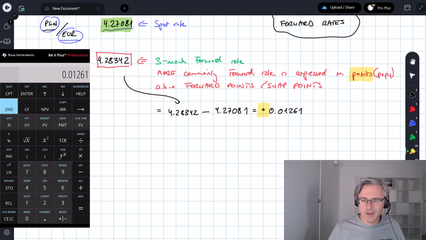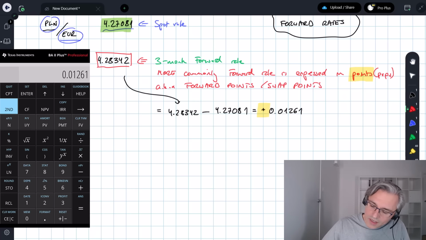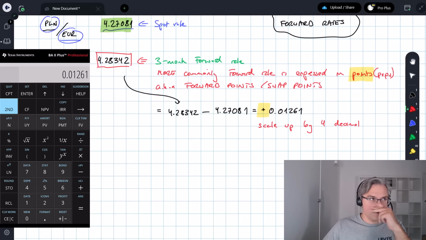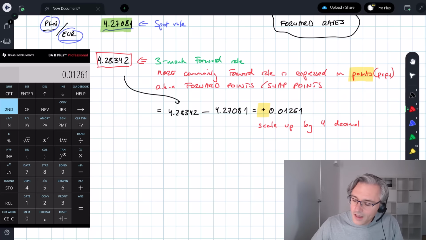It's important to note the sign because they can either be positive or negative. But to be honest, we don't leave it like that. When you express things as forward points or swap points, you scale up, typically by 4 decimal places, unless you're dealing with the yen, then it's 2 decimal places, but that comes from conventions for quoting a specific currency, like the yen.